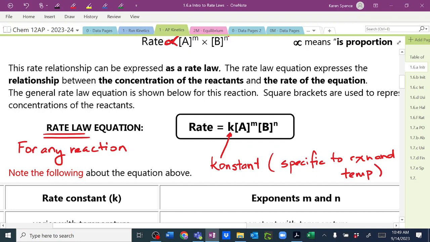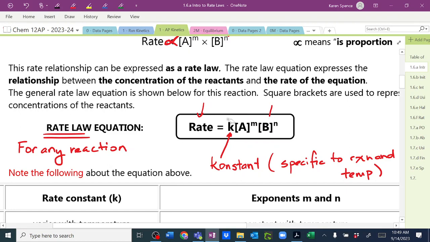So if you increase concentration of A, the rate will increase. If you increase the concentration of B, then the rate will increase, unless your exponent is 0, which means that probably that particular reactant is coming in after the rate determining step in a mechanism. Okay, because otherwise, how could you increase the concentration and not have it affect the rate?